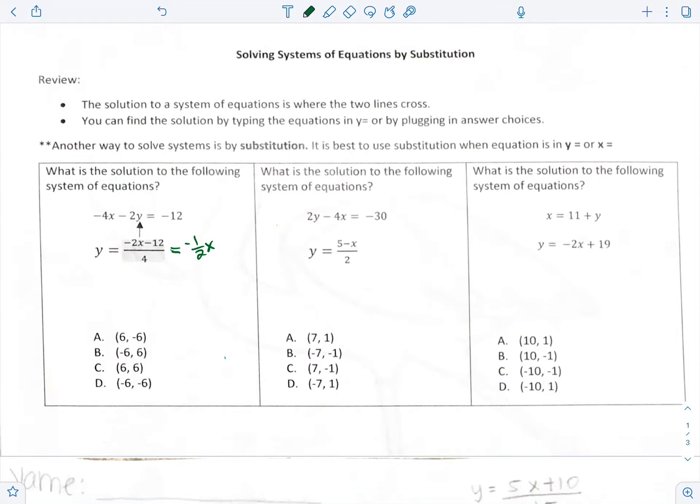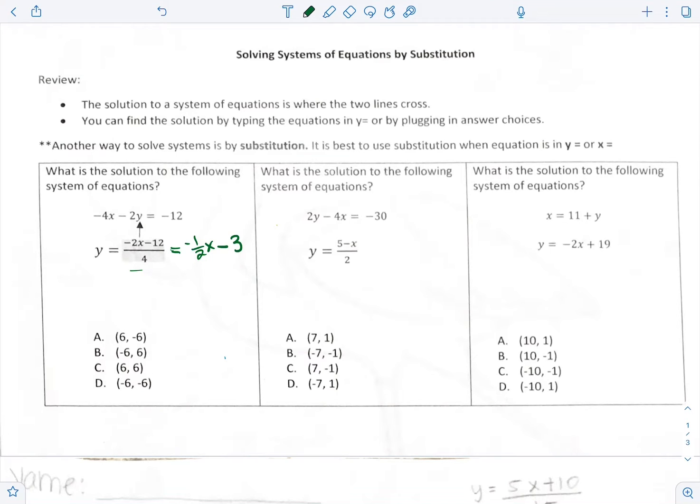If you didn't know that, you can just plug negative 2 divided by 4 in your calculator. You'll get negative 0.5, then hit math, enter to change it to fraction form, and you get negative 1/2. From there, I take negative 12 divided by 4, and we get negative 3. So now this bottom equation is simplified.